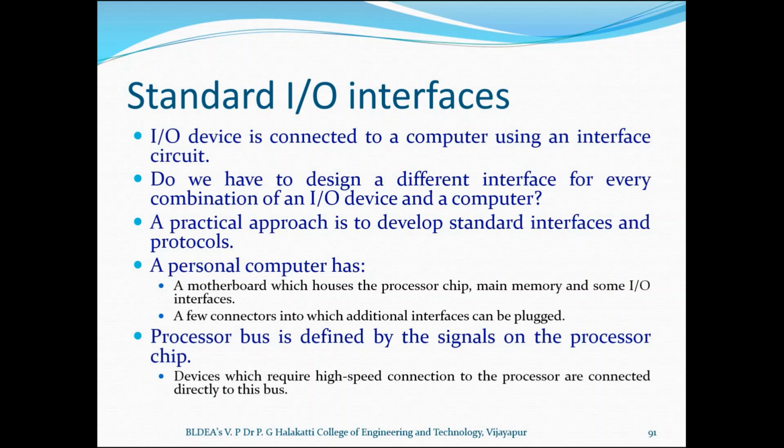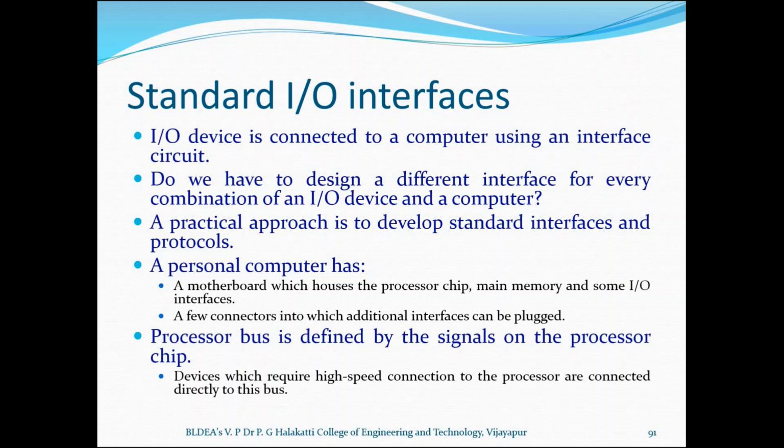The processor bus is the bus defined by the signals on the processor chip itself. A device like main memory, which can transfer data at high speed, can use the processor bus. The motherboard provides another bus, which we call an expansion bus, to support other devices.